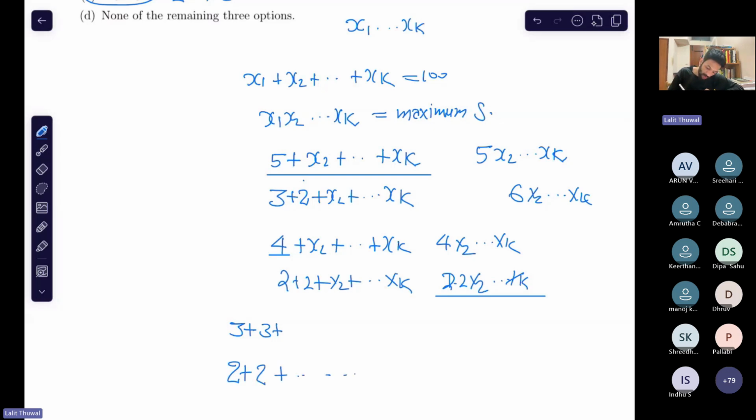So now what should the remaining terms be? These would be 3, or we can supply more 2s. So you can think about it.